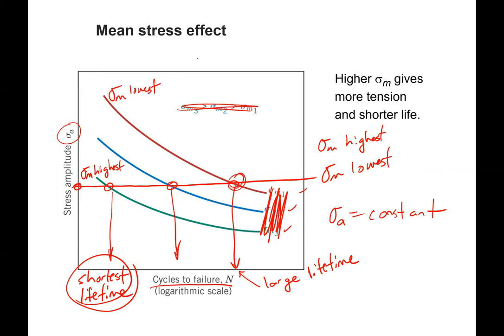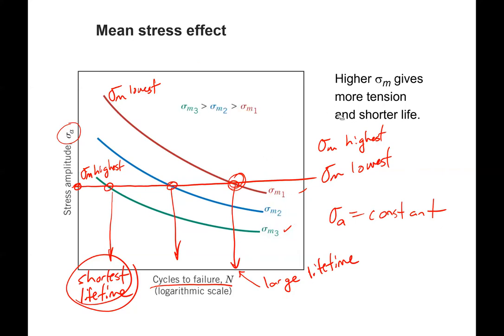Ideally, if you got the mean stress far enough into compression that the maximum stress on the sample was still in compression, then you won't have your crack opening at all. And at that point, you'd have no fatigue. So that's the limit you can think of to understand what the mean stress is doing.